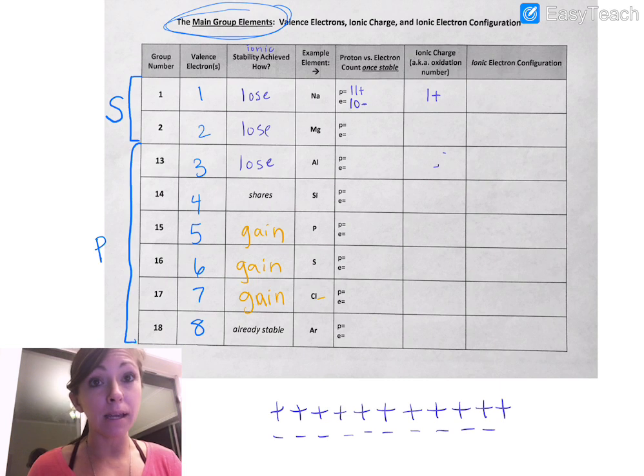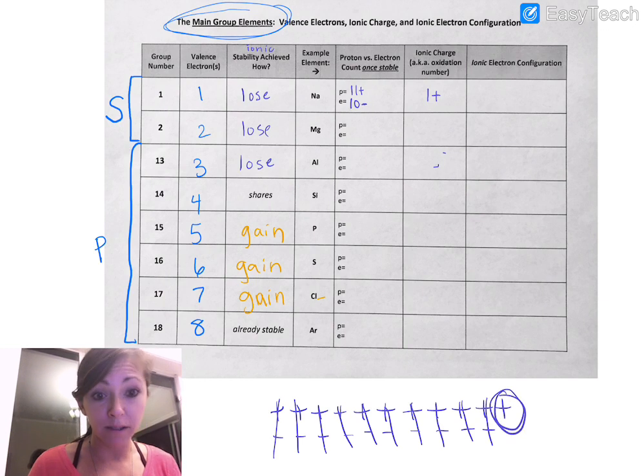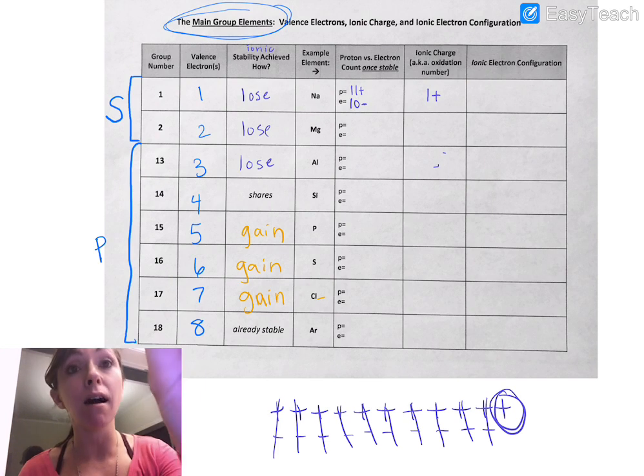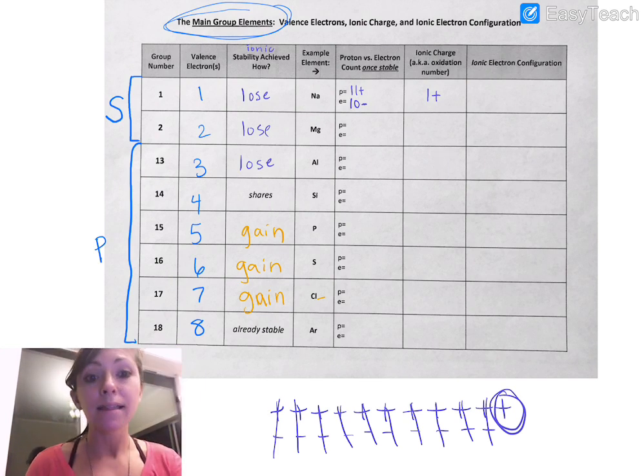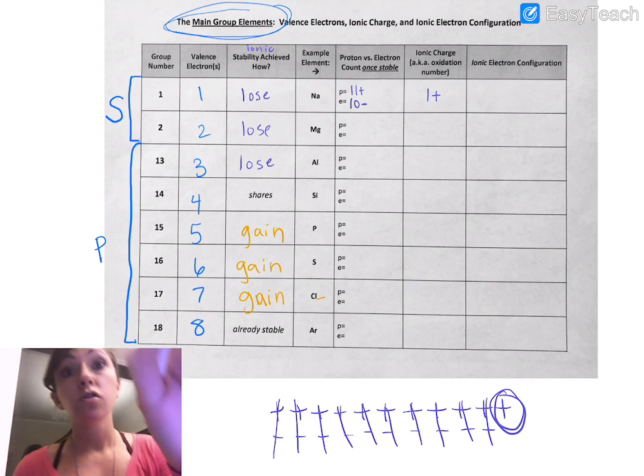So what ends up happening is you've got these canceling each other out, and sodium has an extra positive charge, an extra proton compared to its electrons. So this is not a plus sign, okay? That is just saying, hey, sodium has an excess proton now. So it's now got a 1 positive charge.